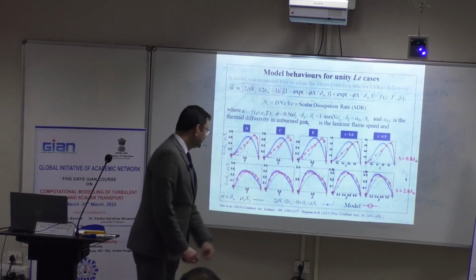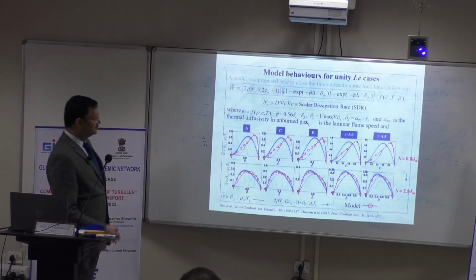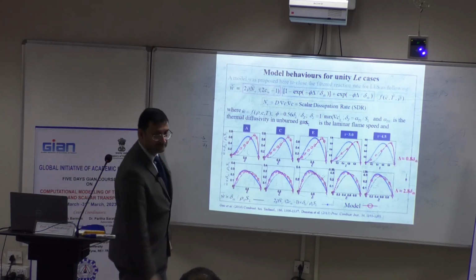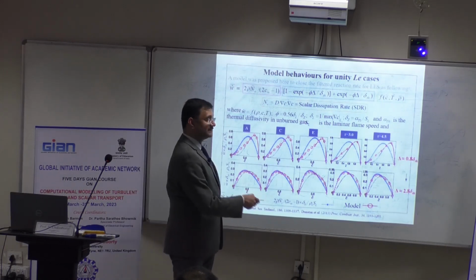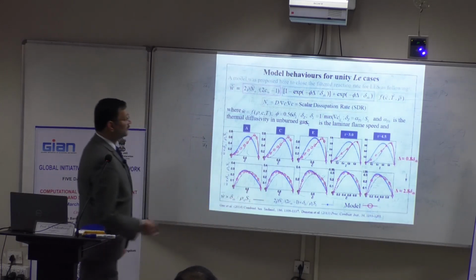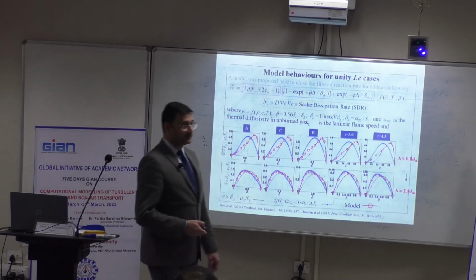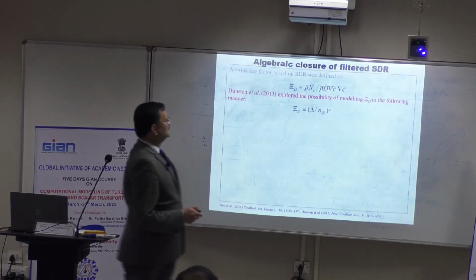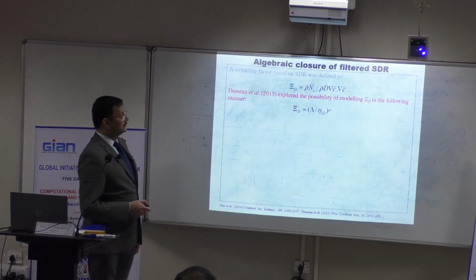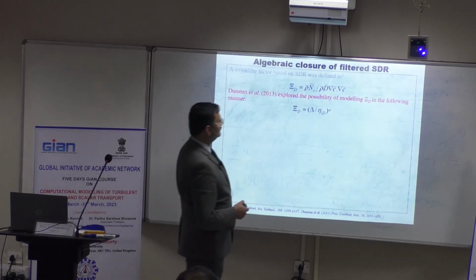You can see with that correction, even in LES, for different conditions, different turbulence intensities, and different heat release parameters, the model does a relatively good job. There are various ways to actually model this.